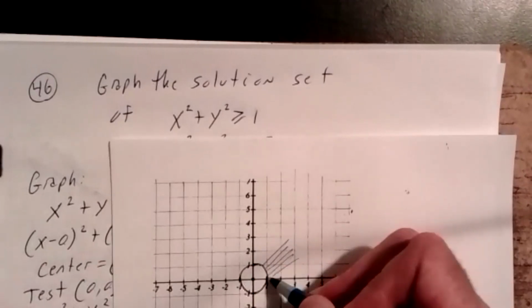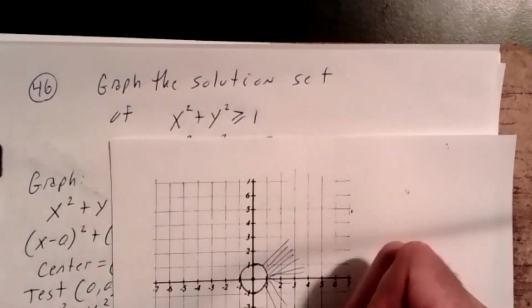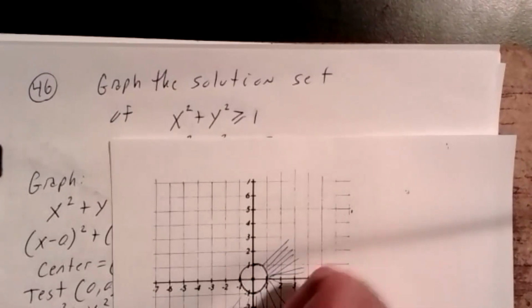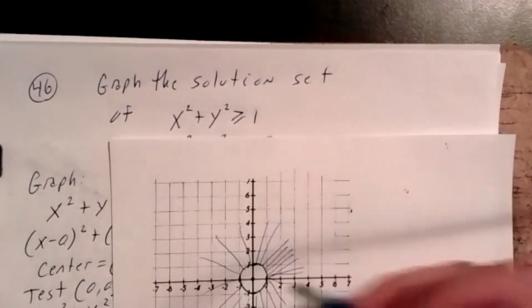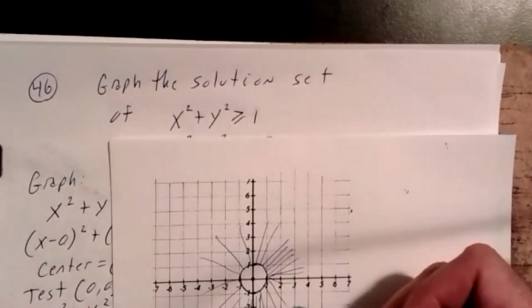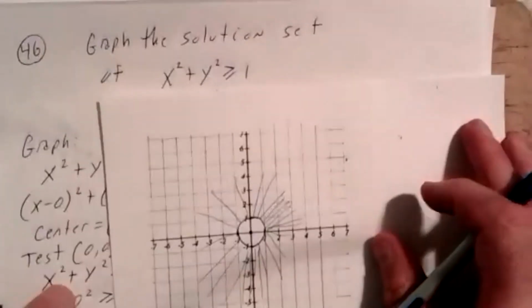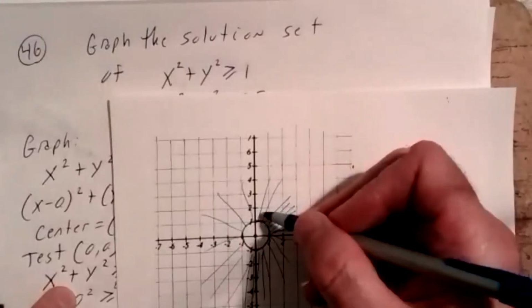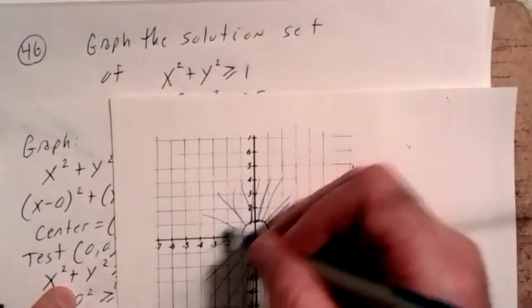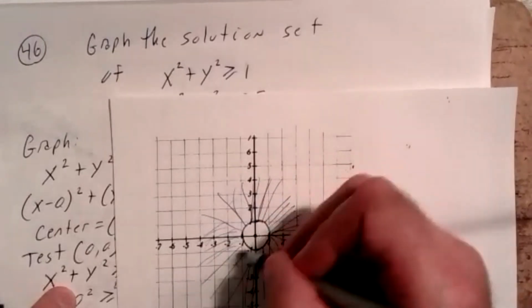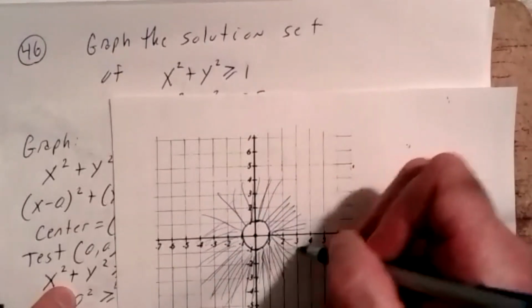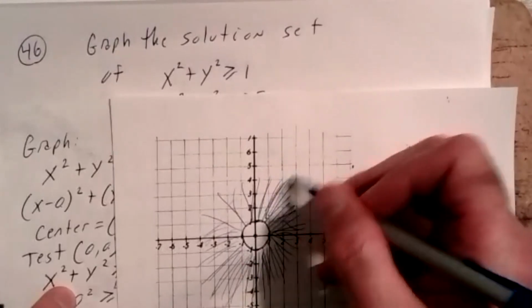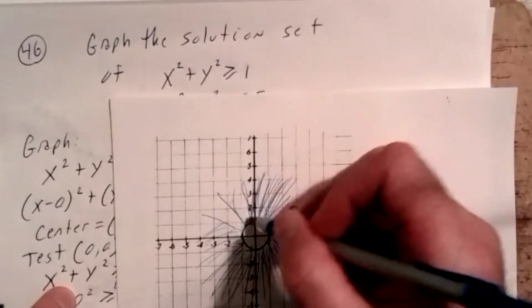Outside the circle here. It's going to be any ordered pair that's outside of the circle or on the circle. Okay, that's a solid curve there. Any questions how we graph the solution set of the first inequality there?